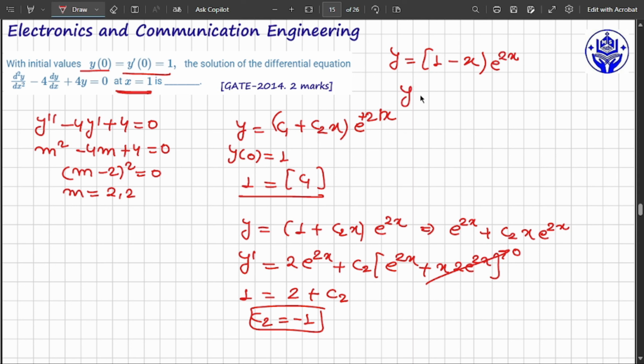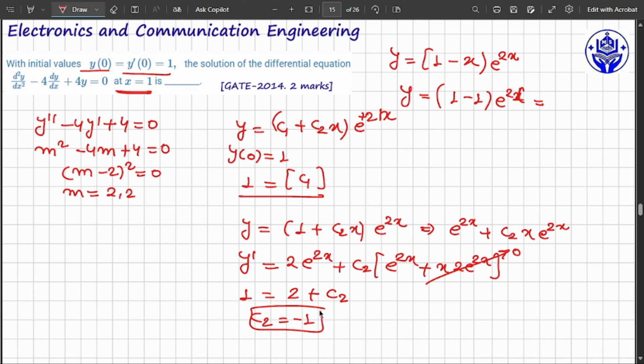So y is equal to 1 minus x e to the power of 2x. Let me check it again. If we put x equal to 0, then it will be 1 minus 0, c2 is minus 1.